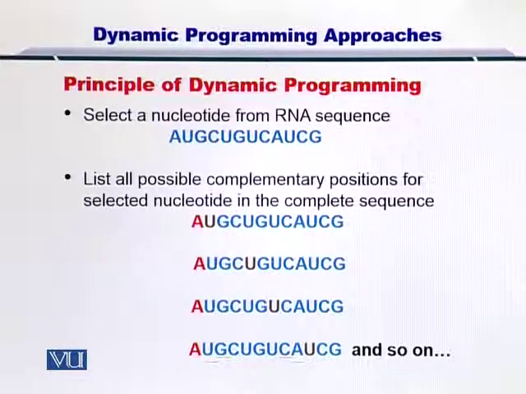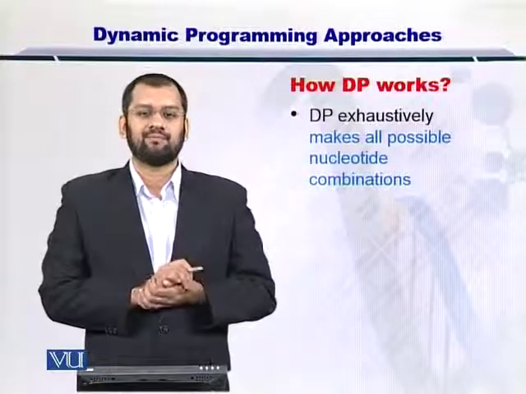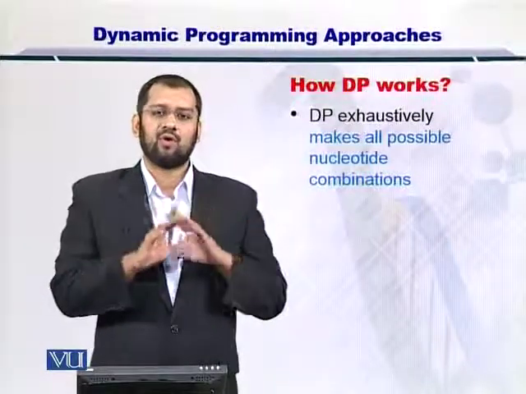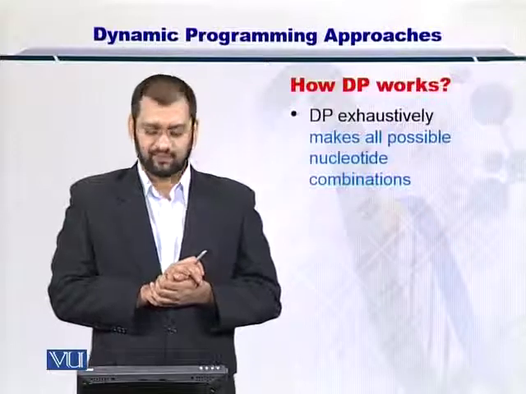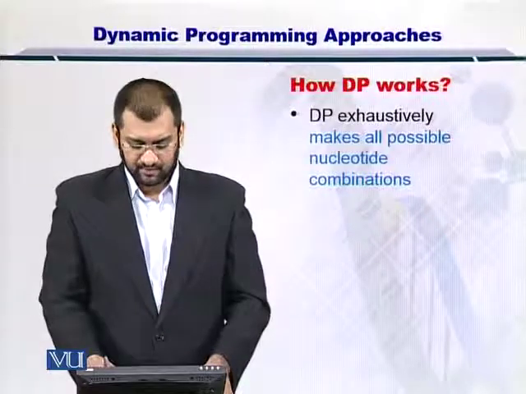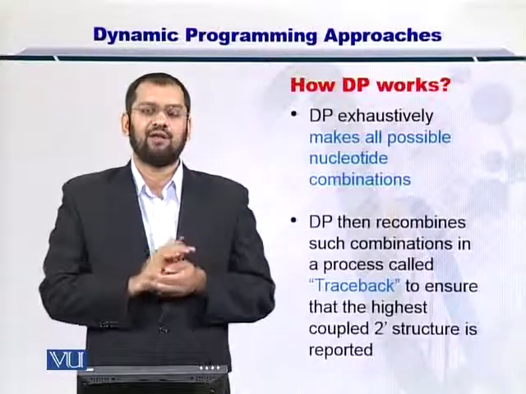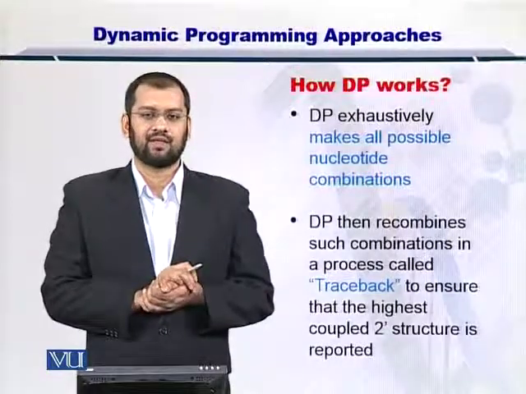So in this way, what dynamic programming does is that it breaks your problem into smaller problems and then exhaustively scans all of these possibilities. So this is how it tries to solve and find the optimal solution.